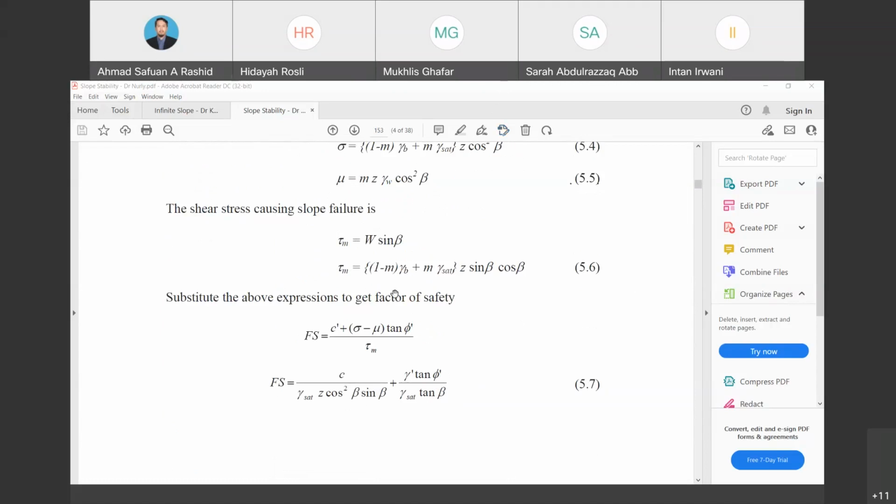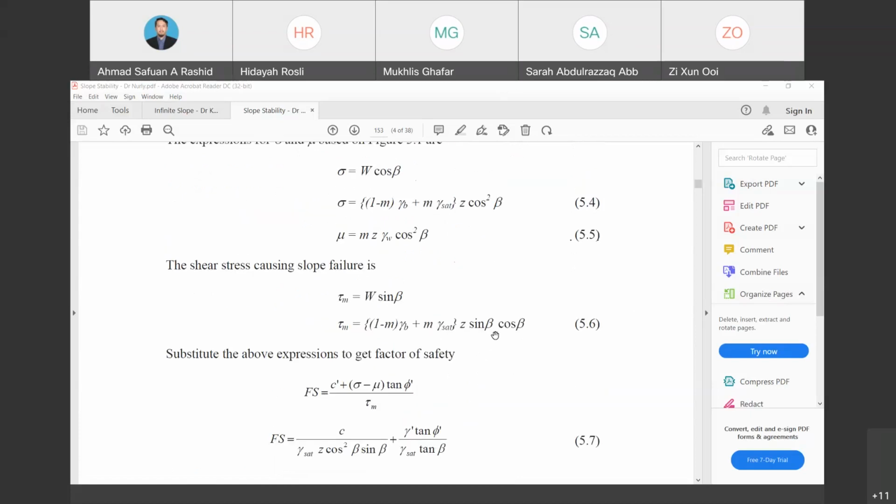Doctor, I have a question. I saw that in equations 5.4 and 5.6, they have a gamma B. What does that mean for the gamma B? Gamma B is what they call the bulk unit weight, or moist unit weight, or unit weight.